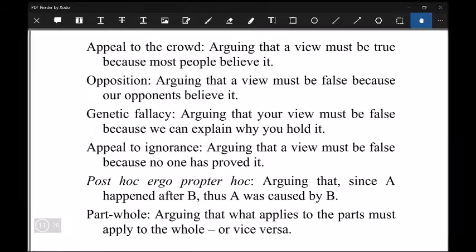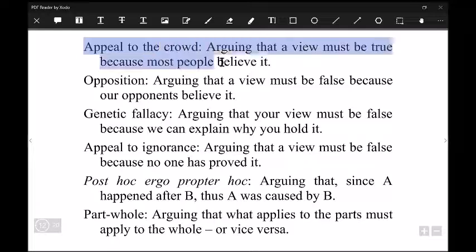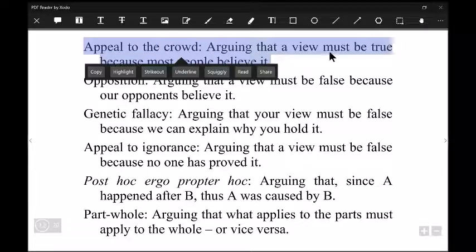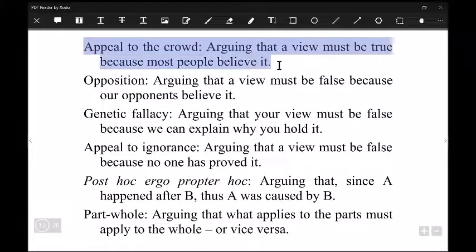The next group, appeal to the crowd. You argue that a view must be true because most people believe it. Okay. Most people believe that Wheaties cereal is very nutritious. Therefore, Wheaties cereal is very nutritious. Not a good argument. Maybe most people are wrong.